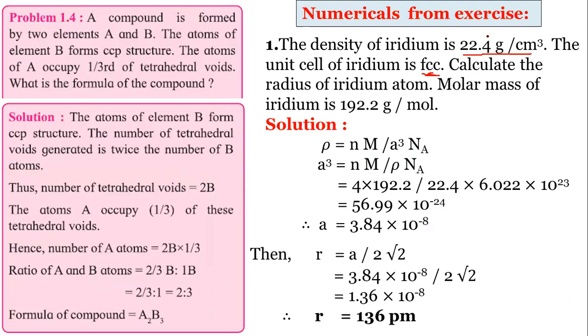The density is given, so the value of rho is 22.4 grams per cm cube. Then number of particles n is given, because FCC is given, which means n is 4. Then the molar mass is given. This M is molar mass, a is edge length, and N A is Avogadro's number. All the values are given. We have to only substitute the values in this equation. So value of n is 4. This molar mass is given as 192.2 here.